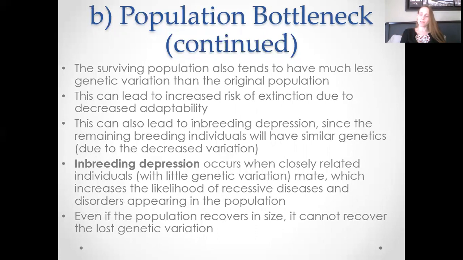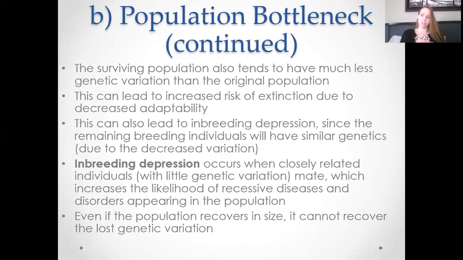And it can also lead to something that's called inbreeding depression. Inbreeding is when individuals that are really closely related mate with each other. If you have such a tiny population left, all of the individuals in that population that are mating with each other are going to be really closely related.